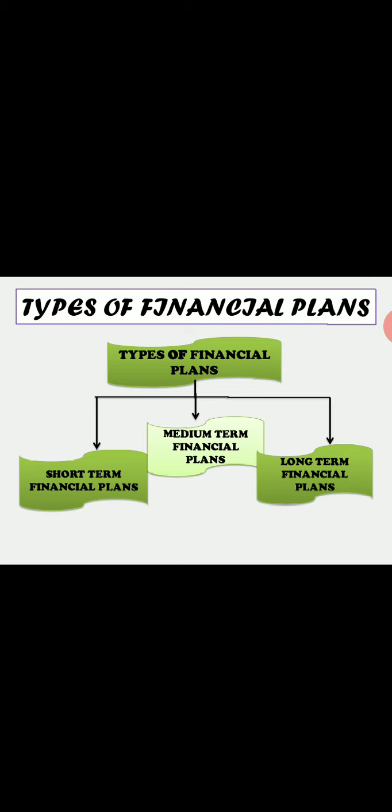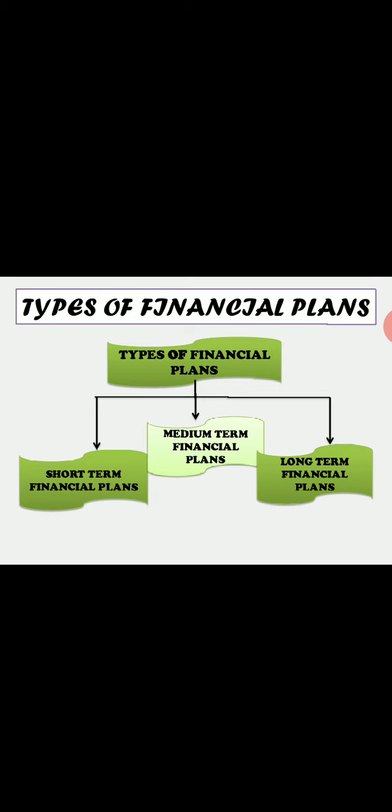In a short term financial plan the time period, the maximum, is 1 year. And always the short term financial plan looks after the working capital needs of the company. The medium term financial plan, the time period here is 1 to 5 years, and it looks after the replacement or the maintenance of assets.